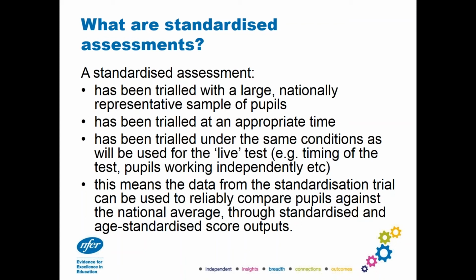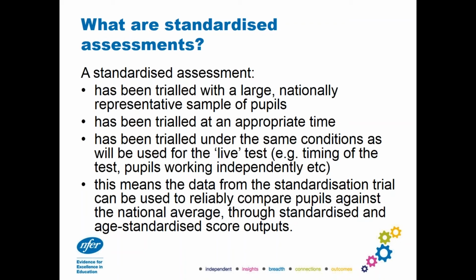Now this is really, really important because it lets us say that the sample we are using in our trial is representative of the population as a whole. Obviously it's not feasible during development to trial the test with every single school in the country, so by having this representative sample we can then make inferences about the data that we have from the trial.